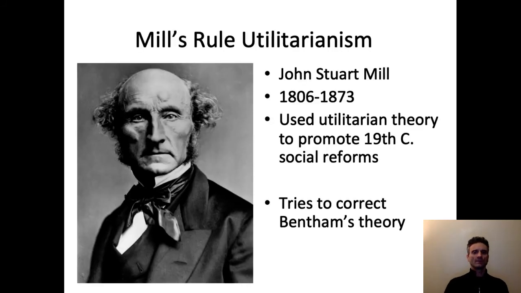John Stuart Mill is going to propose a different kind of utilitarianism, which typically is known as rule utilitarianism. Mill, I guess, didn't like the fact that we have to decide on the occasion. He pointed out that we have experience in morality.